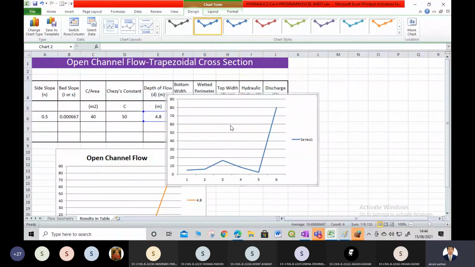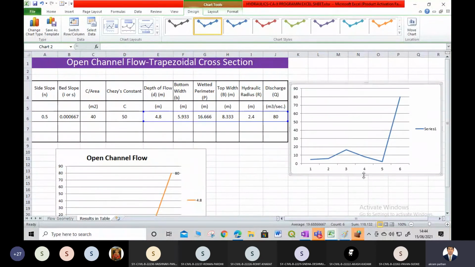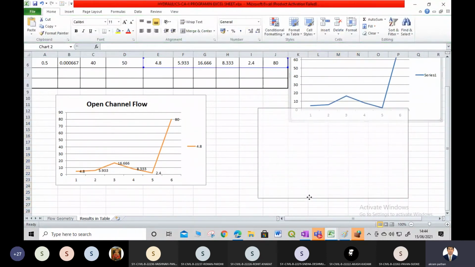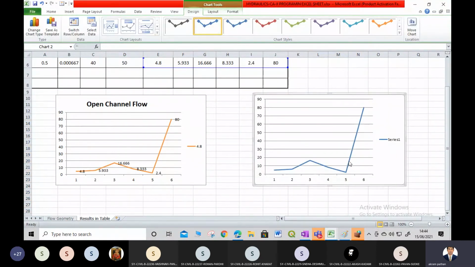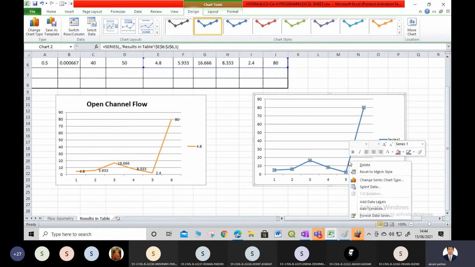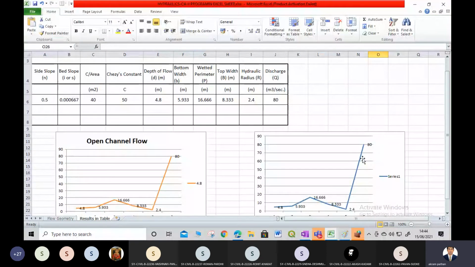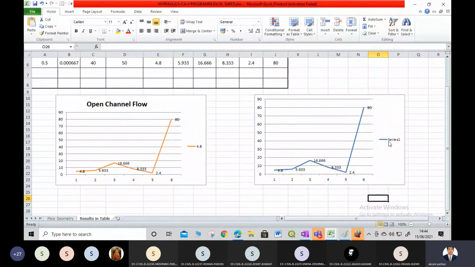So automatically your graph will be generated. See here, you can change the color of this graph also, and click over the line which you will get at the data label. So all the values will reflect over this.